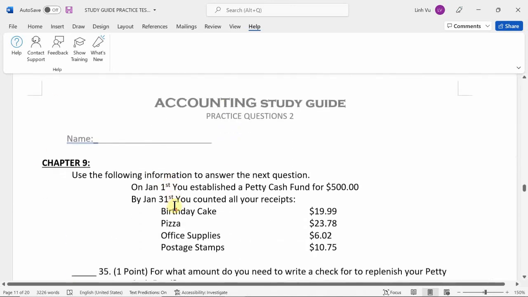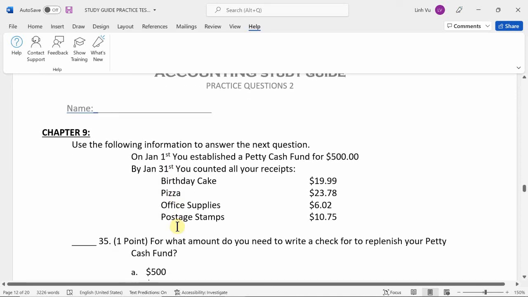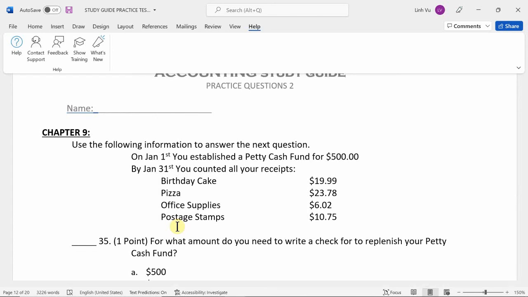So we're on chapter 8 now. Okay. Use the following information to answer the next question. So, if on January 1st, oh, we're on chapter 9. If on January 1st you establish a petty cash fund for $500, right?